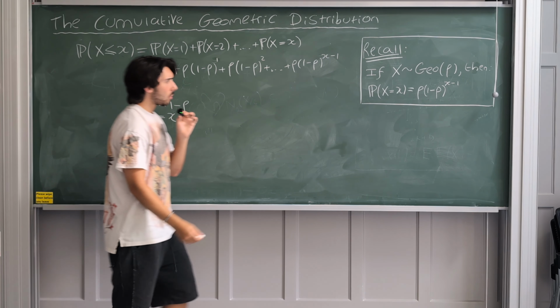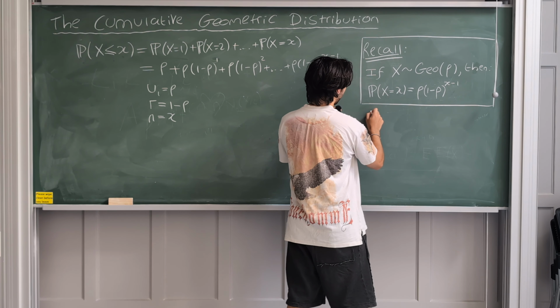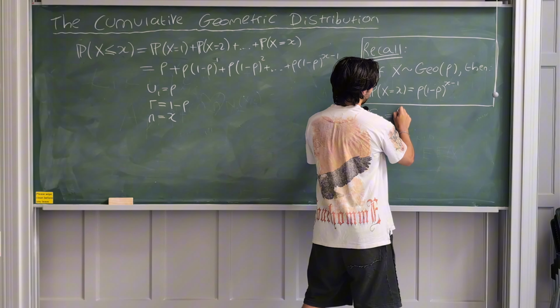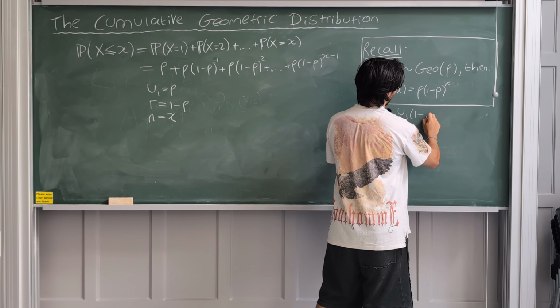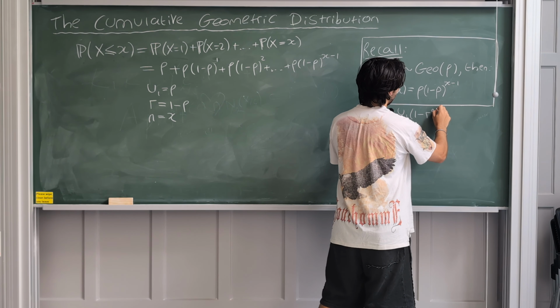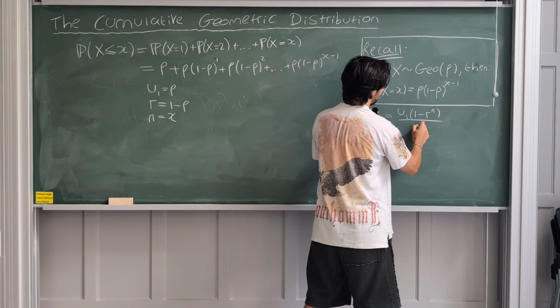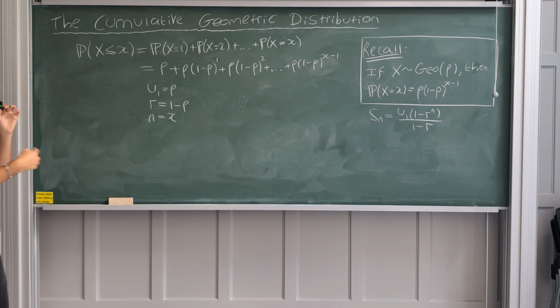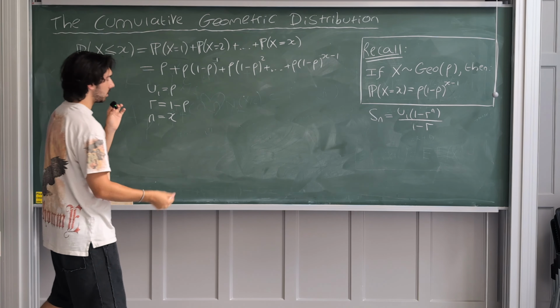And then I'm gonna write it down over here. The sum of the first n terms of a geometric series is u1 times (1 minus the common ratio to the power of n) divided by (1 minus r). Hopefully we know this formula. This is just the formula for the sum of the first n terms of a geometric series.